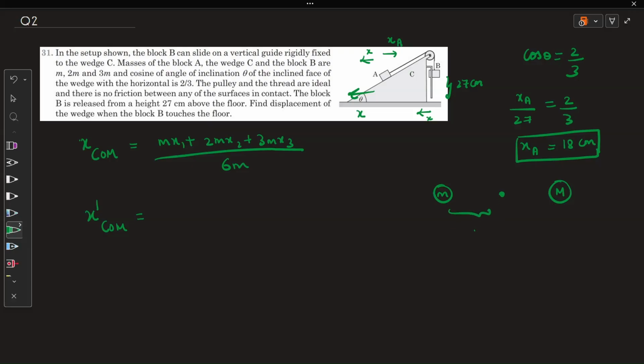If small m goes a distance l and capital M moves a distance capital L, in order to maintain the center of mass in the same position, and small m is of smaller mass compared to capital M, small l will be greater than capital L. Correct. Because at the end, we have to make the product equal. So in order to make this, small l will be greater than capital L. So when we compare, this is 3m mass, this is 2m mass.